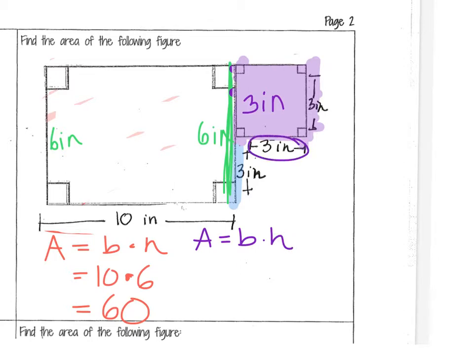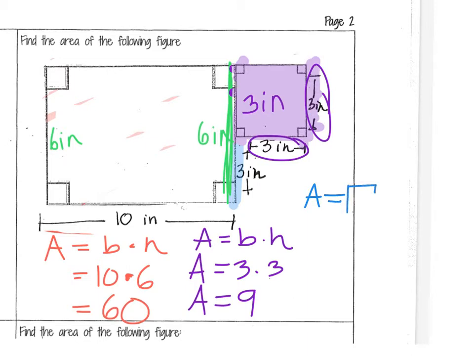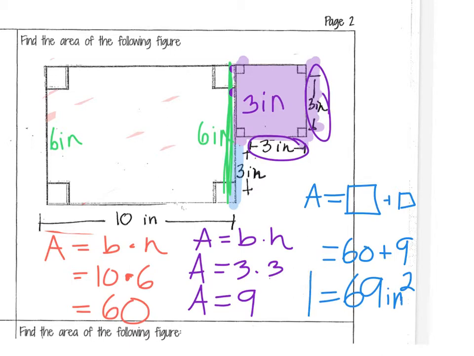I have a base of 3 inches times a height of 3 inches, which gives me 9. And then to find the area of both of them combined, I'm going to add the rectangle to the square, which is 60 plus 9. So I have 69 inches squared.